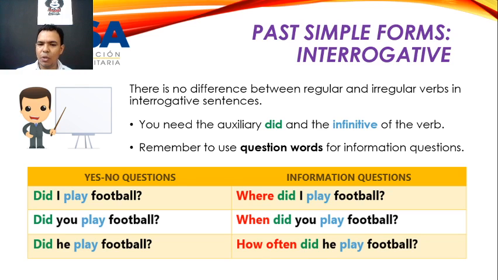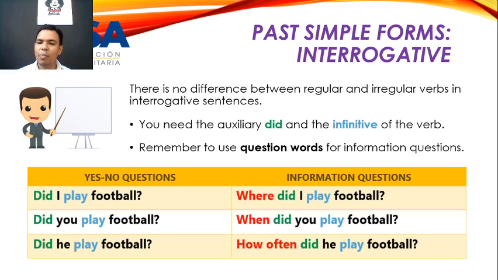Information questions are those on the right that use question words. For information questions, we need question words like where, when, how, who, what. Those are question words. Here in the image, in the lesson, they are in red color.